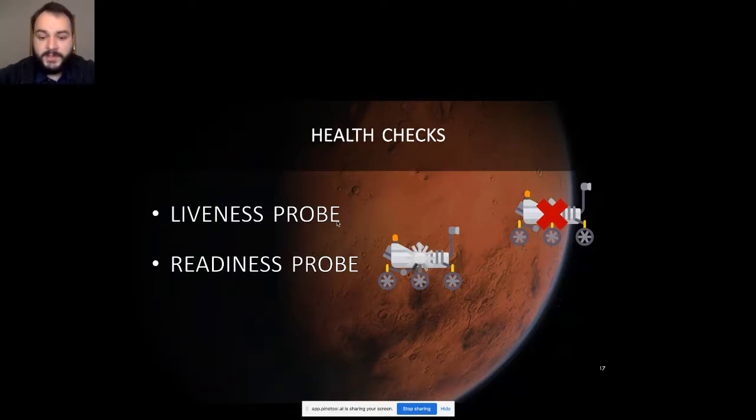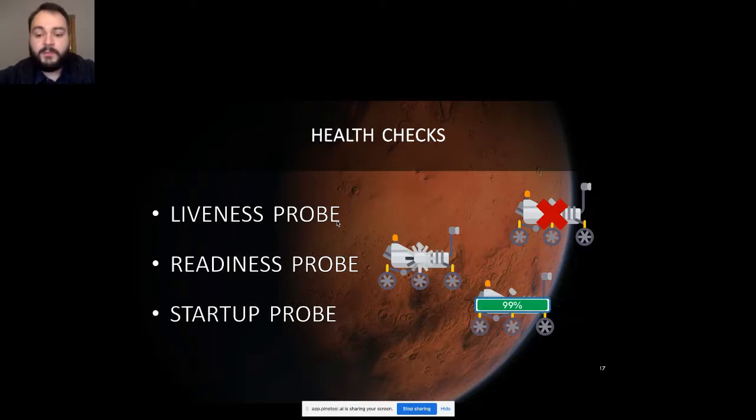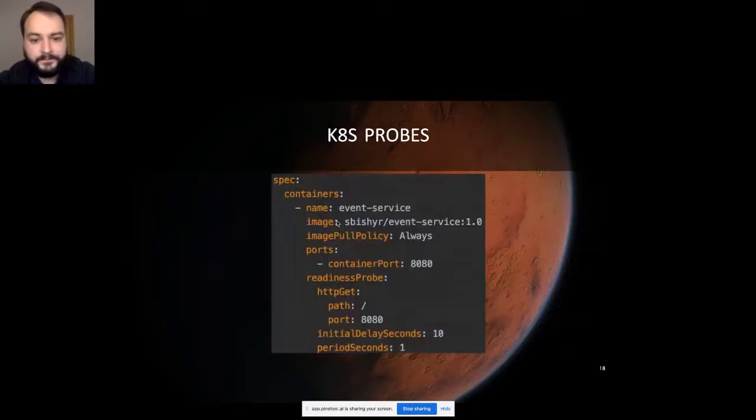So Kubernetes will just stop sending traffic to this instance, and after some time, when the application is healthy again, it will start receiving traffic. And the startup probe is for an application that starts slowly.